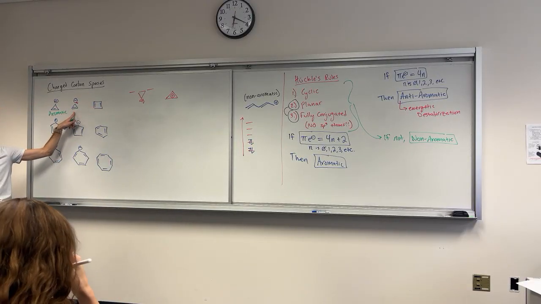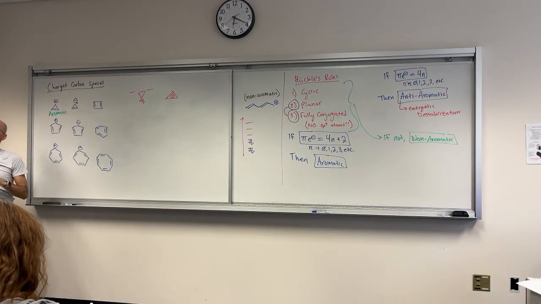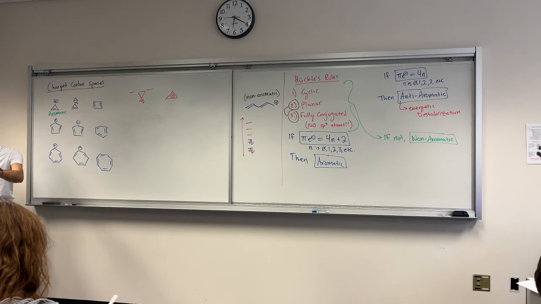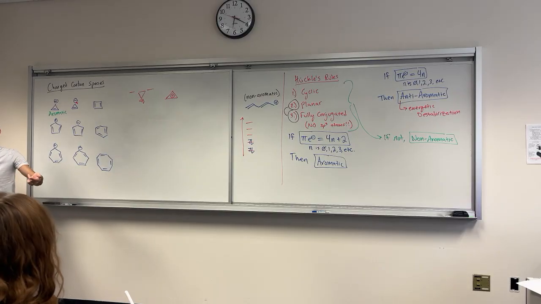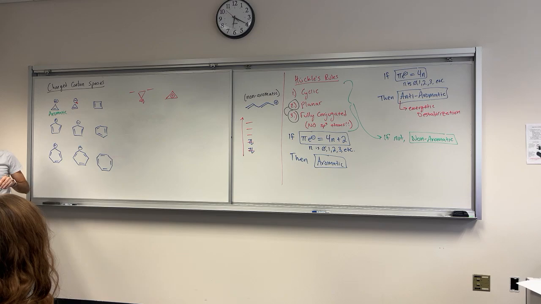I will say this, most instructors, when they ask questions like, is this compound aromatic or non-aromatic or anti-aromatic, will say, assume all structures are cyclic, planar, and fully conjugated, so that you don't have a choice about getting out of that. But there is an actual rationale, which is this has no choice.